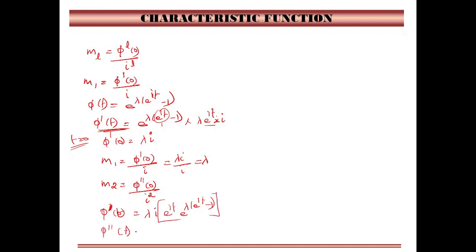Now pi double dash of t is equal to lambda I into, this can be differentiated by using the formula uv: u dv plus v du. So lambda into e power it into I is u dv, plus e power it minus 1 into e power it, differentiate e power it, so you will get e power it into I.